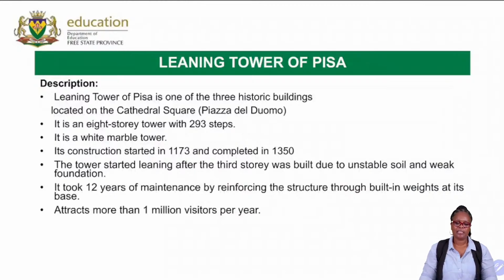Let's look at the description. What is this Leaning Tower of Pisa? We say that it is one of the 3 big historic buildings located in the Cathedral Square, which is known as the Piazza del Duomo.